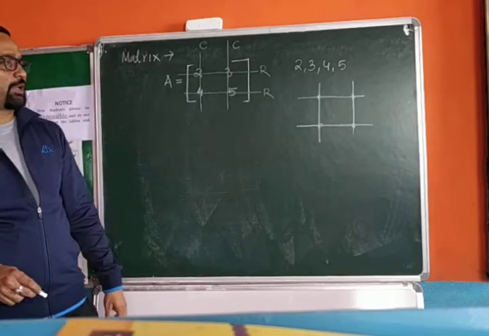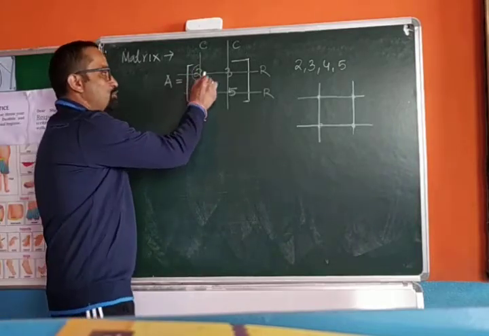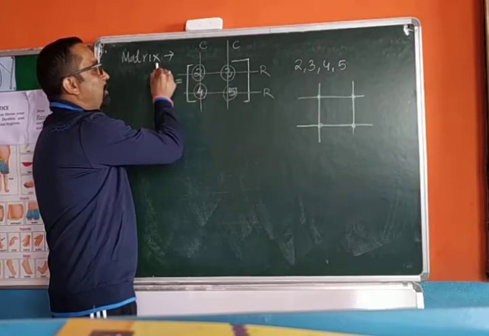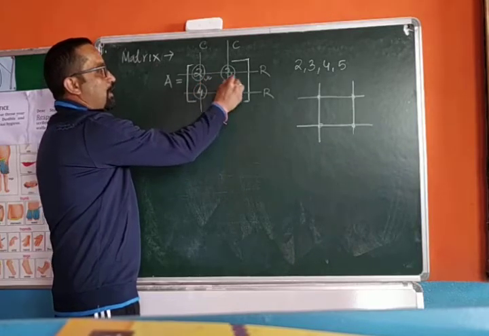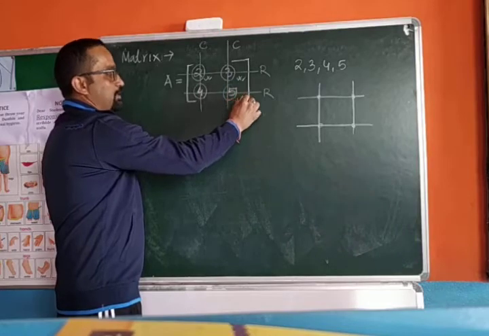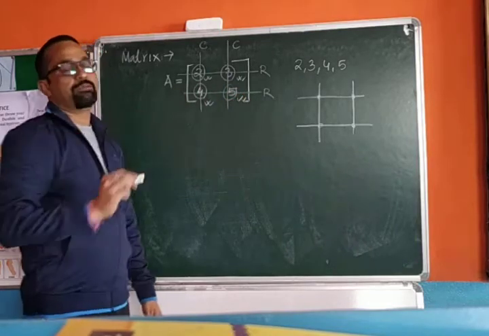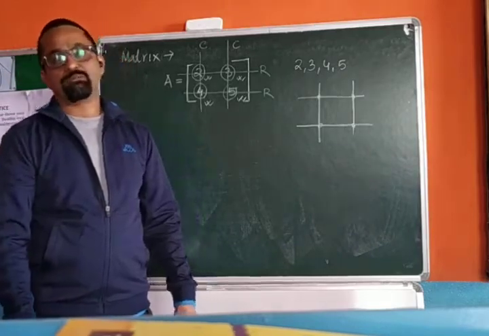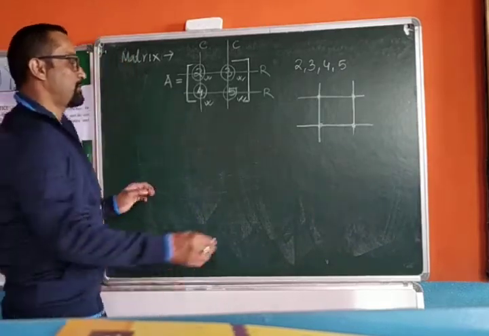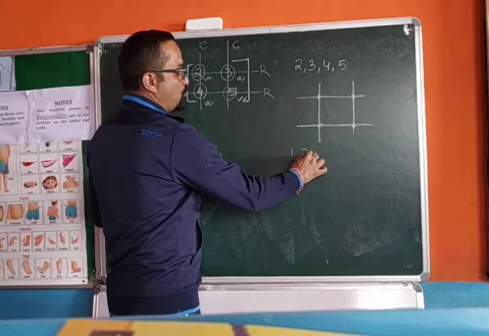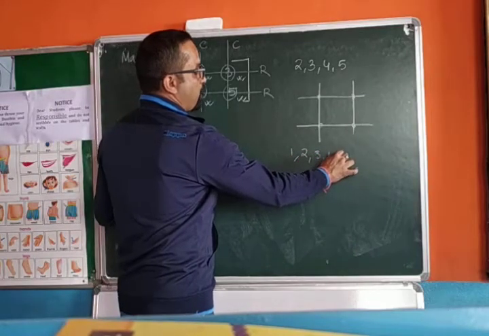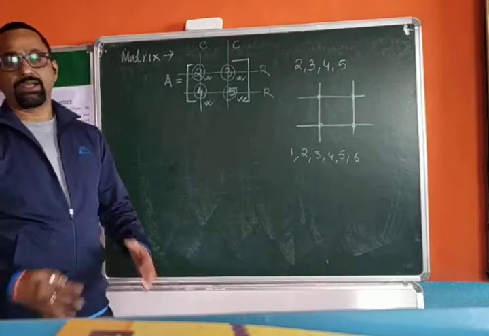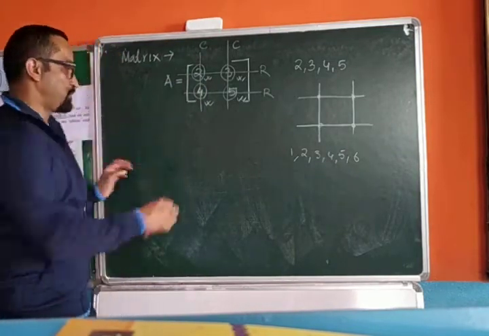One more important thing. The numbers which we write inside the brackets to represent a matrix are called elements of the matrix. Let's consider one more example to understand what is a matrix. Suppose you consider 1, 2, 3, 4, 5 and 6. These numbers you can arrange in the form of rows and columns.